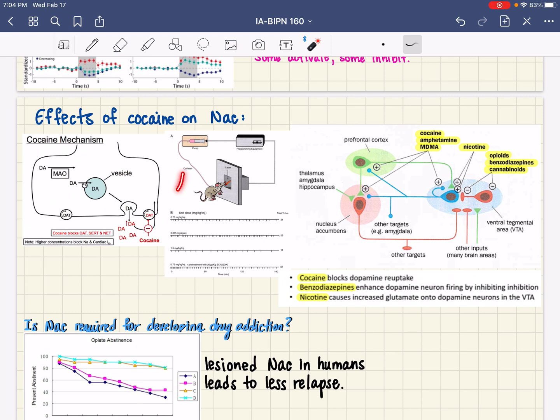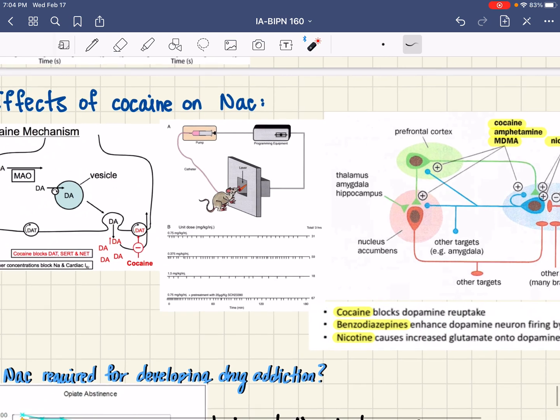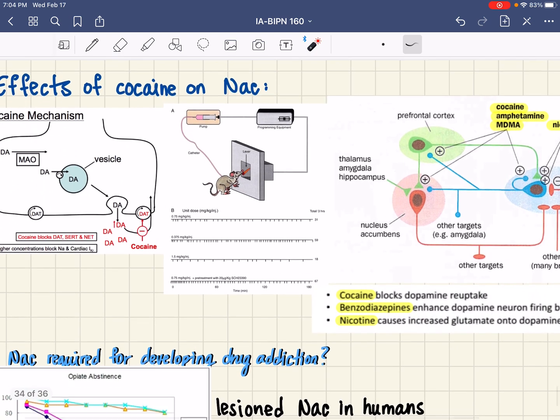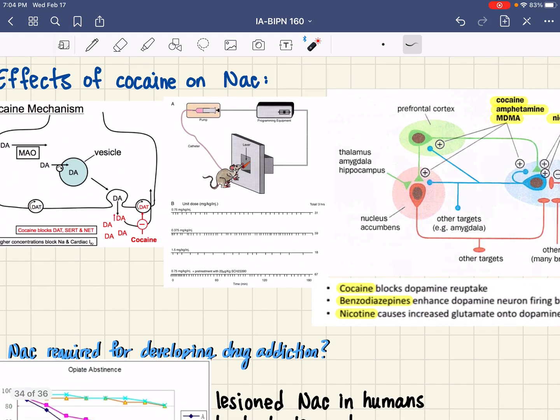And in this study, they had a catheter that would give the mouse cocaine whenever it pulled the lever down. Here it shows how the mouse can self-regulate how much cocaine it wants and how stimulated it wants to be.